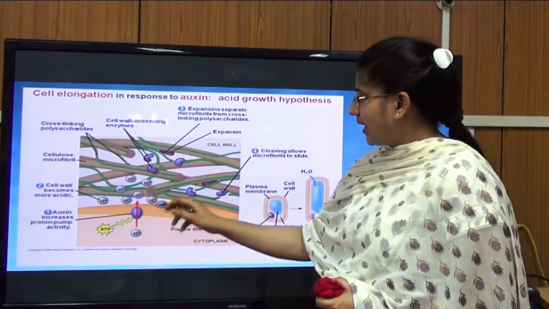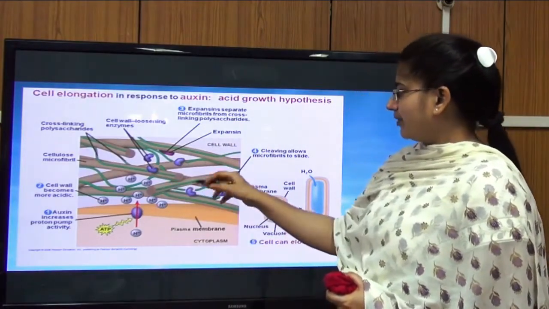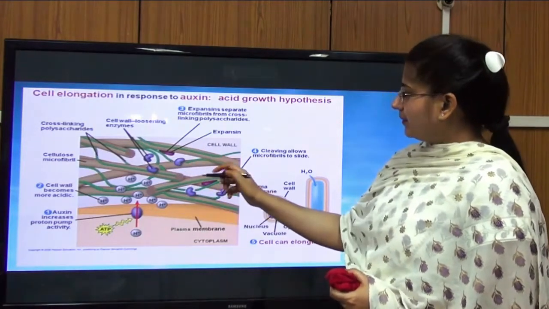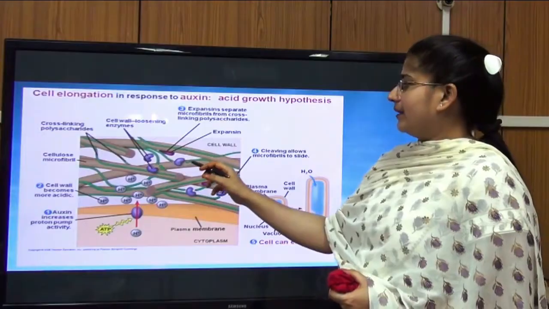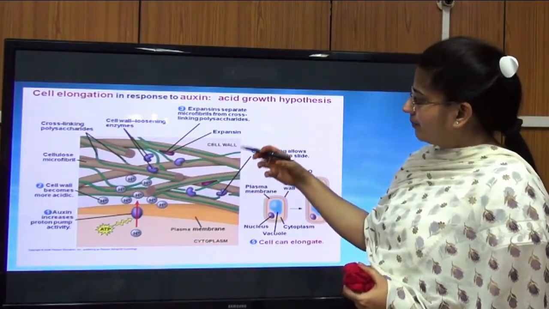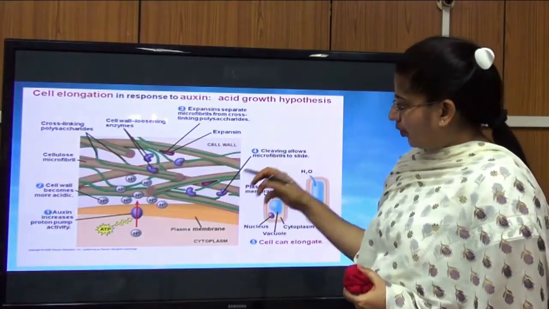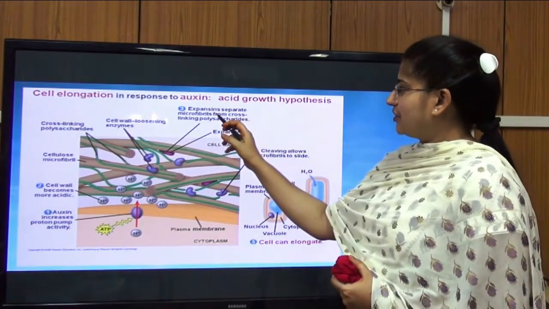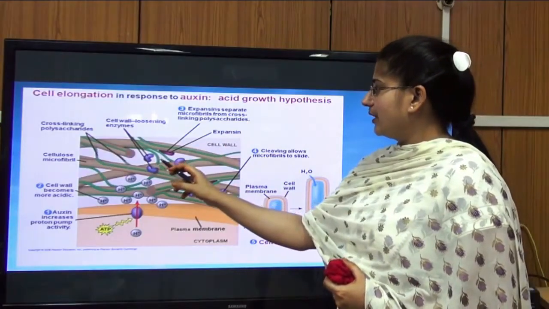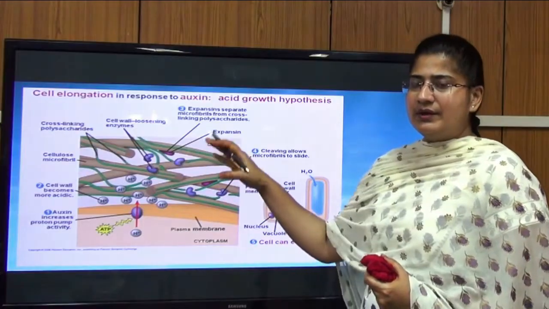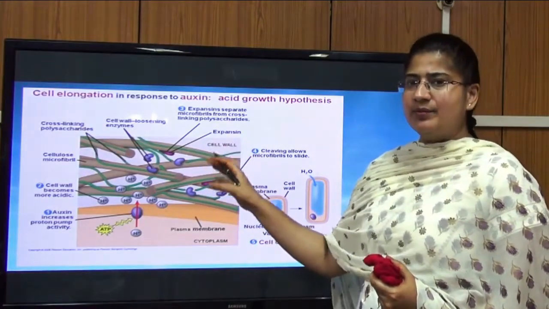This H plus will act on this polysaccharide microfibril, and this polysaccharide microfibril will get broken down, and besides this there will be increased activity of cell wall loosening enzyme, and by the action of both, the breakage of this polysaccharide cross fibrils along with expansin protein, along with cell wall loosening enzyme, this skeleton of the cell will get disrupted, will get broken down.